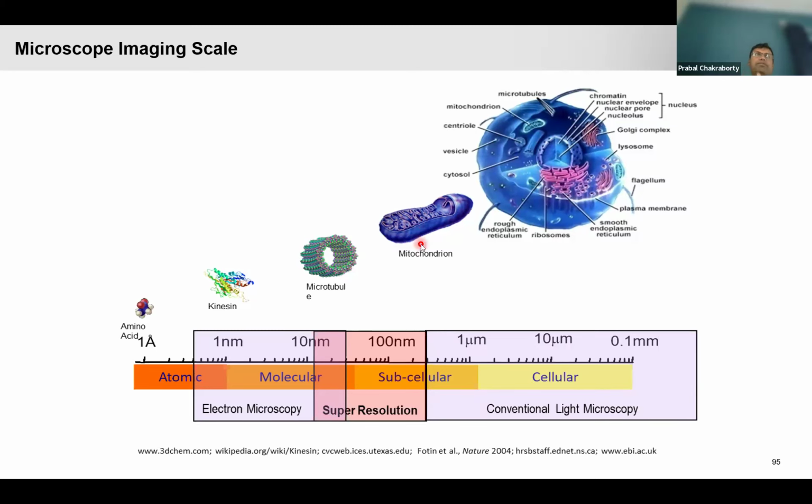But if you want to capture more details, like the internal membrane structure of the mitochondria, or whether the microtubule is a solid tube or has an internal hollow, then it is not possible with the confocal microscope. For that you have to go for a particular technique, which is called super resolution microscopy.